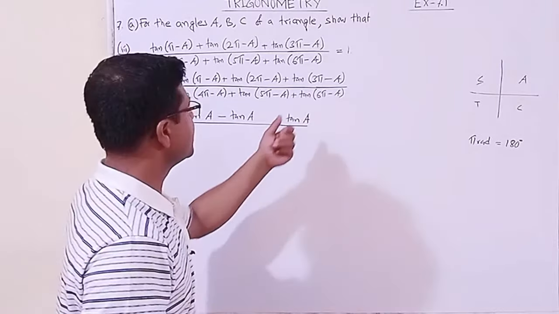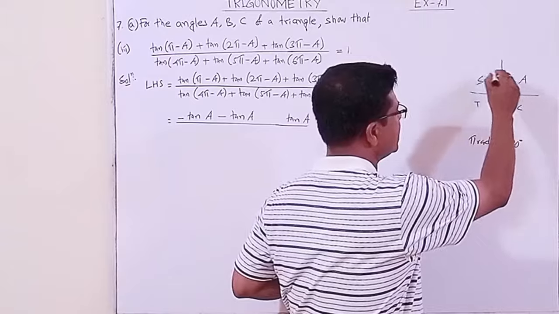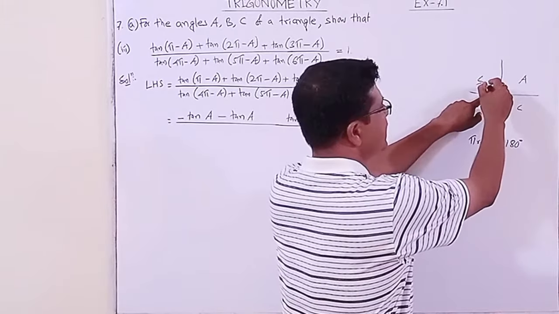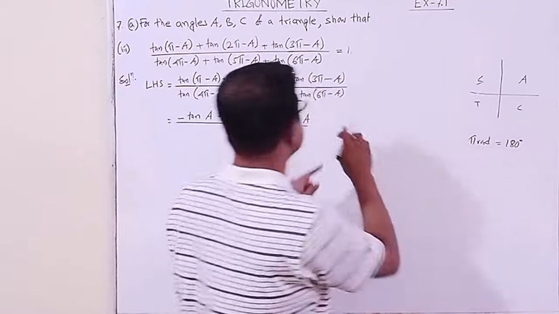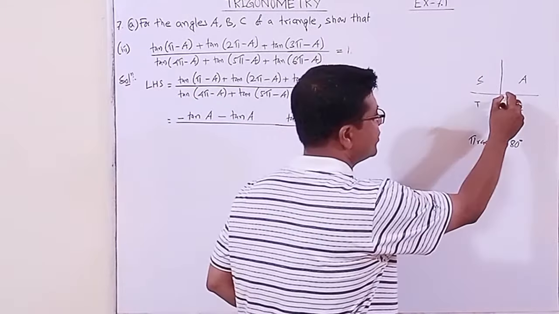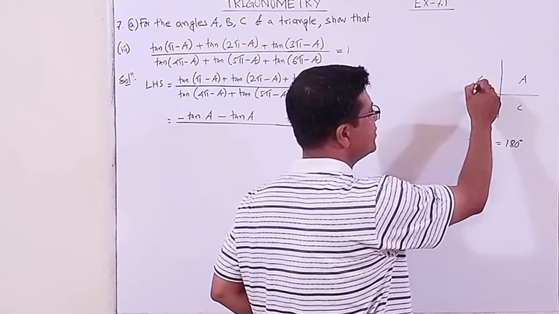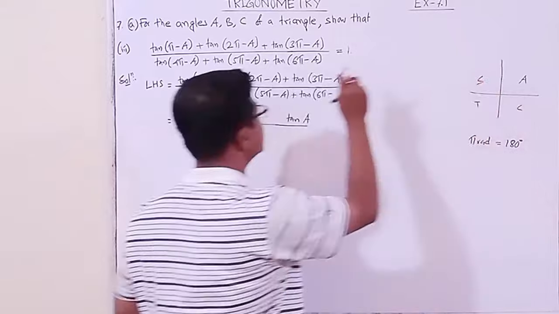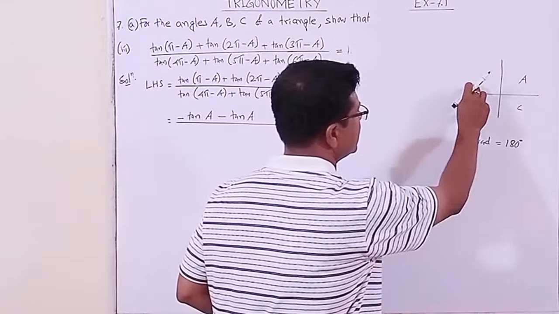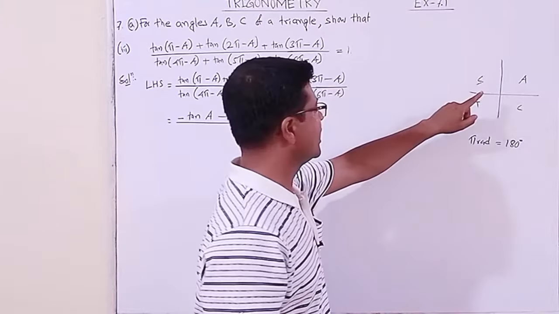Now about the sign: 1 pi, 2 pi, 3 pi. 3 pi minus a, pi means 180 degrees, 180, 360, 540 degrees minus a. It is in the second quadrant, where tan is negative. Again I am repeating, I made a mistake, that's why I repeat it.